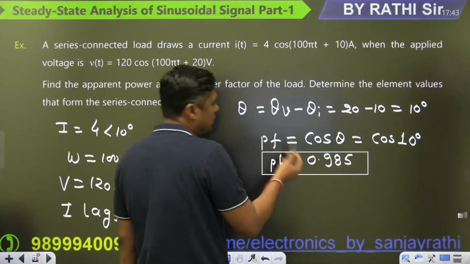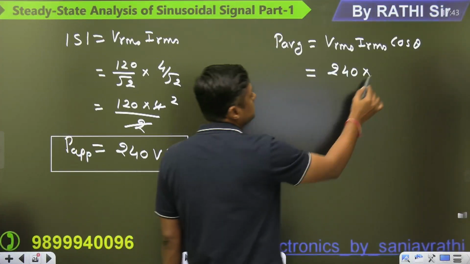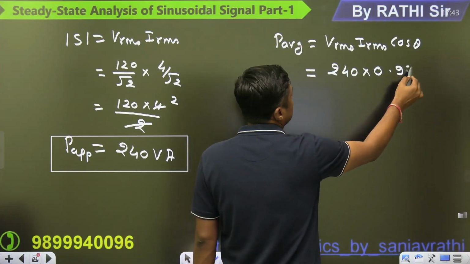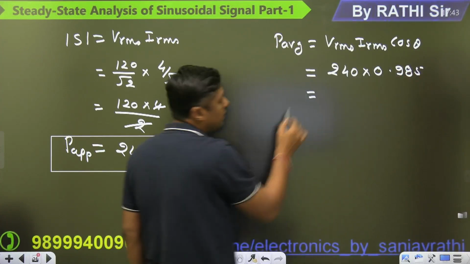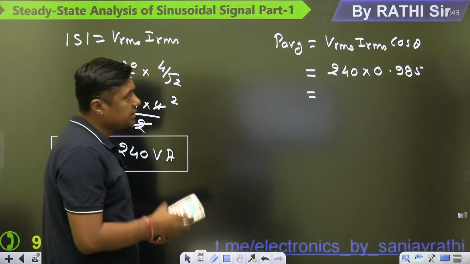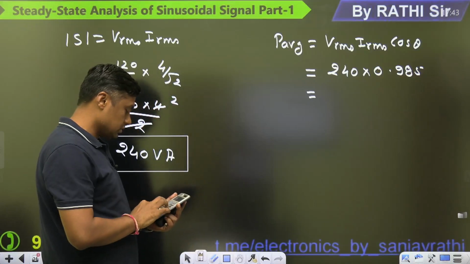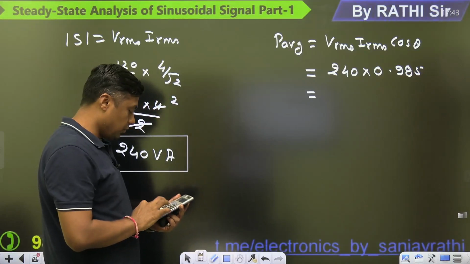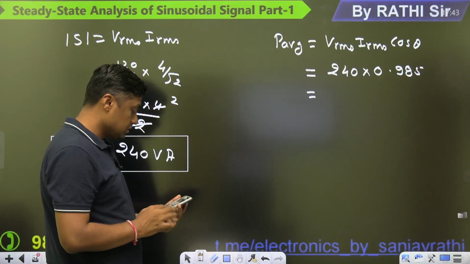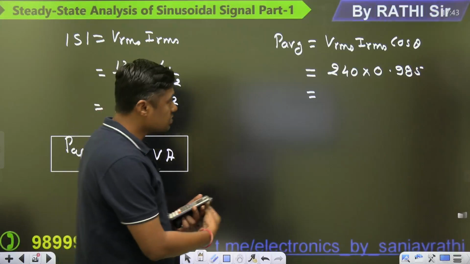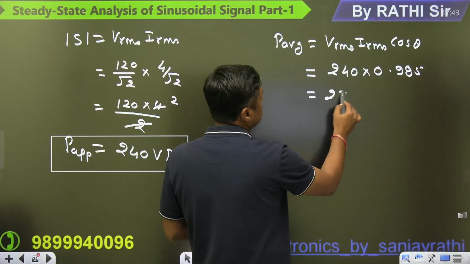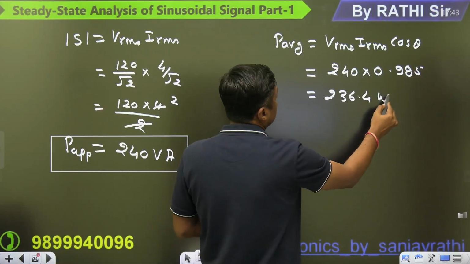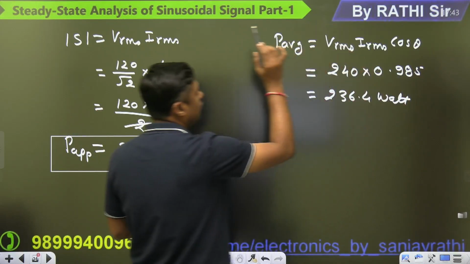We have calculated cos theta as 0.985. That will give you the average power. In a number of numericals you have to calculate the average power. 240 into 0.985 is 236.4 watt. We are directly using the formula.